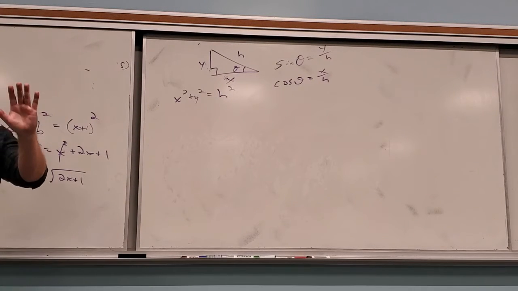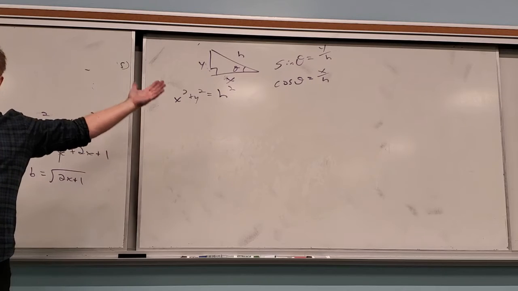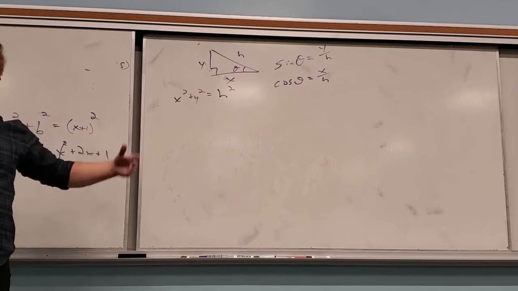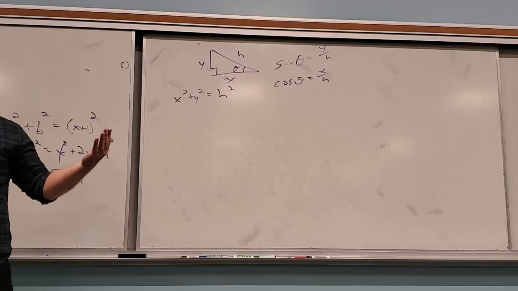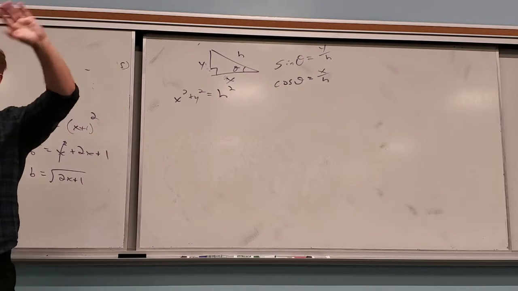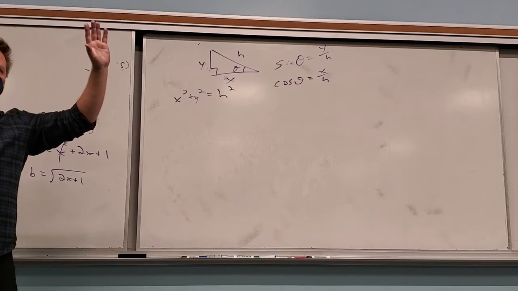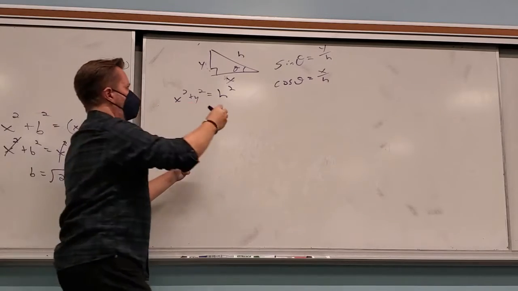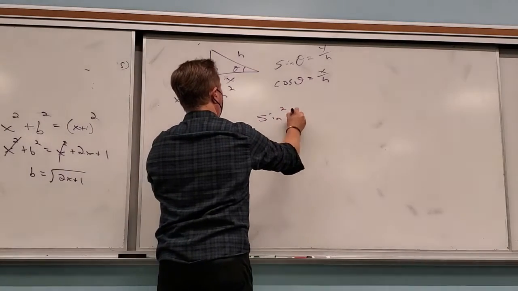So this is true for any right triangle, right? Does that make sense? I just didn't tell you what the sides are, but these are all true statements for any right triangle anywhere in the whole universe. Okay, so what is sine squared?